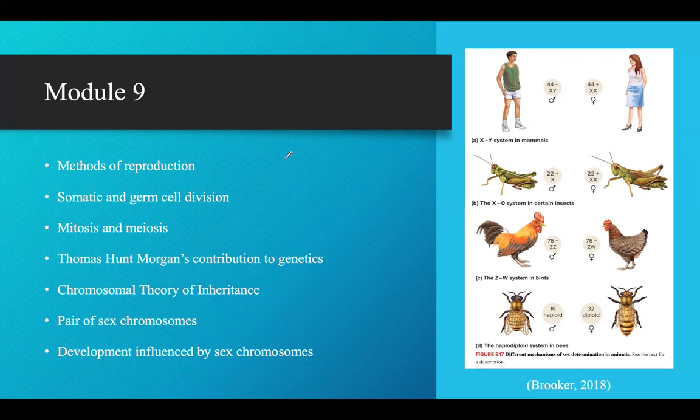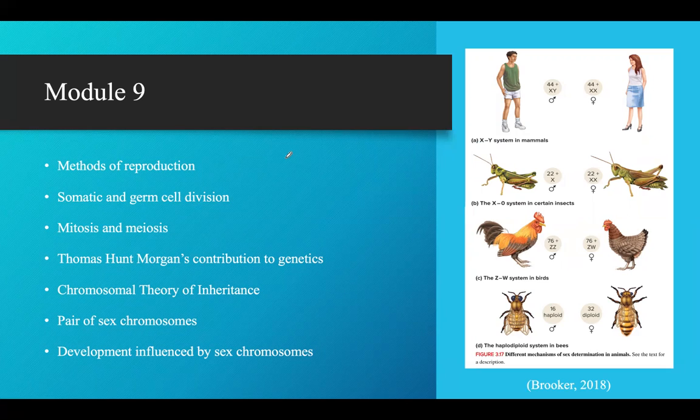In Module 9, we learned that Thomas Morgan's experiments provided evidence for genetic linkage and essentially contributed to the study of genetics. His experiments were conducted with fruit flies mostly.